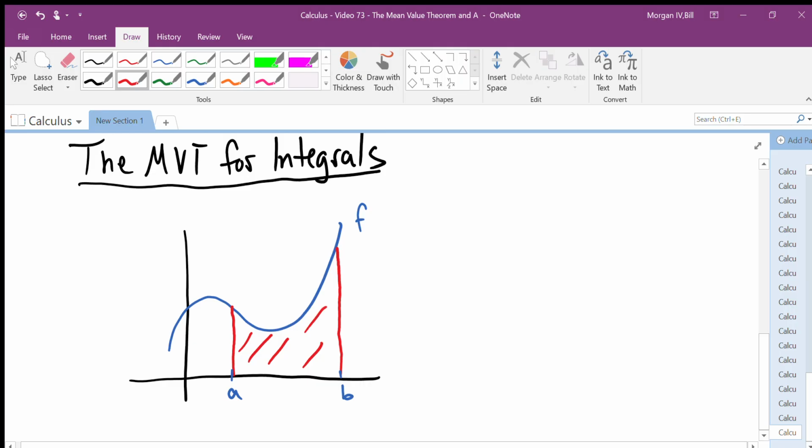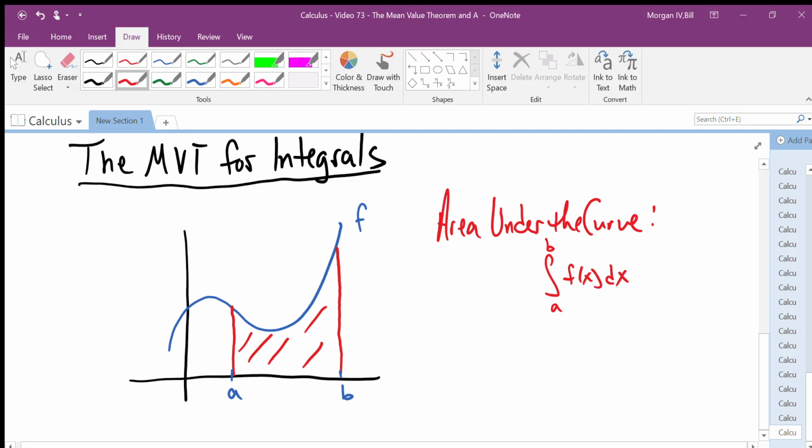What is the area under the curve? We should know that the area under the curve can be found by the definite integral from a to b of f of x dx. That gives us the exact area under the curve.